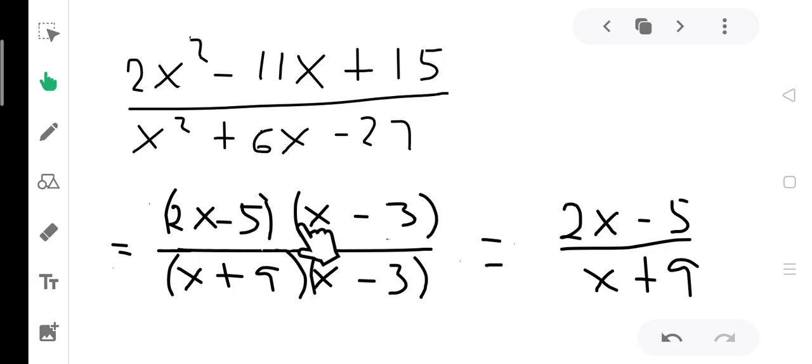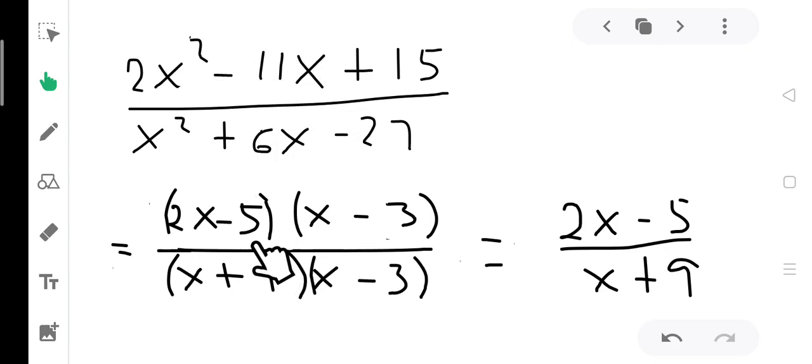So we have these two binomial factors for the numerator. Let's check whether the binomial factors are correct. For 2x squared, we have 2x times x. Then for 15, we have negative 5 times negative 3, that is positive 15. I use negative factors because the middle term is negative.